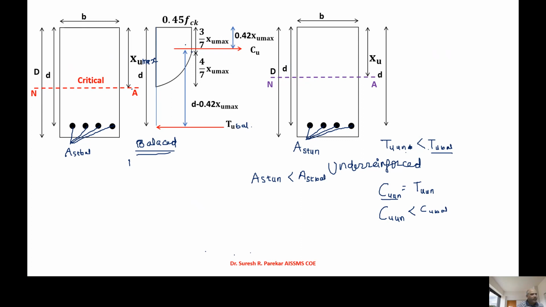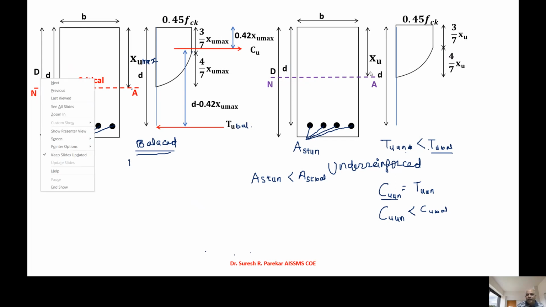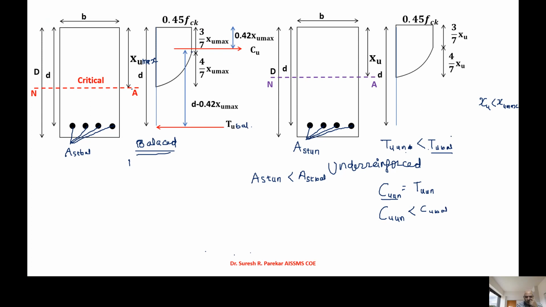And then you can see the neutral axis we are going to get is shifted upward. Why shifted upward? Because my value of xu is less than xu max. So in the case of an under reinforced section, the neutral axis shifts upward because my CU value in the under reinforced section is less than the CU value in the balanced section.